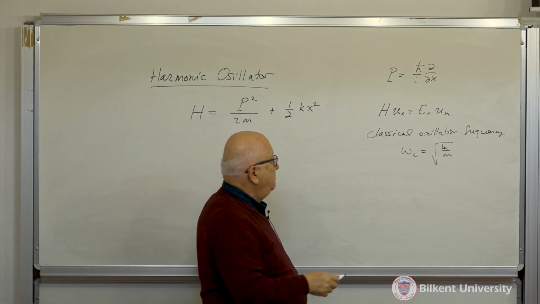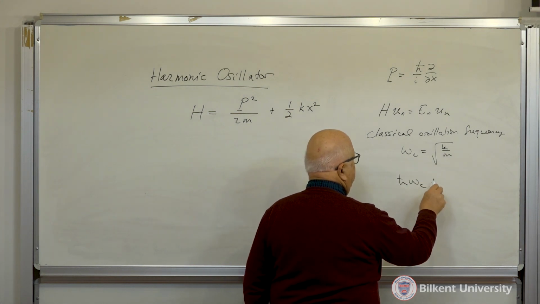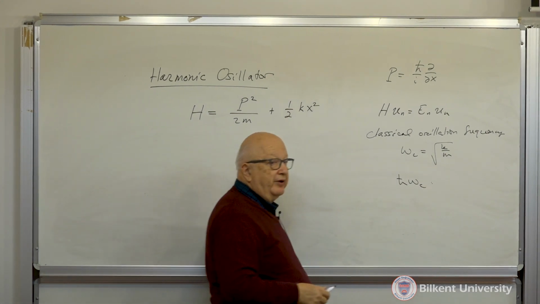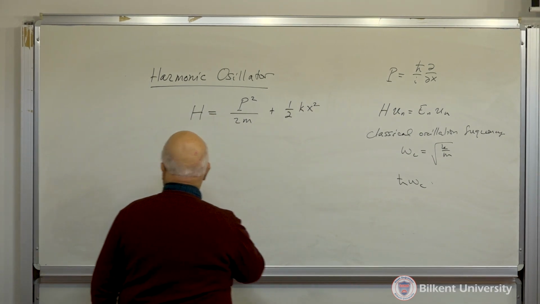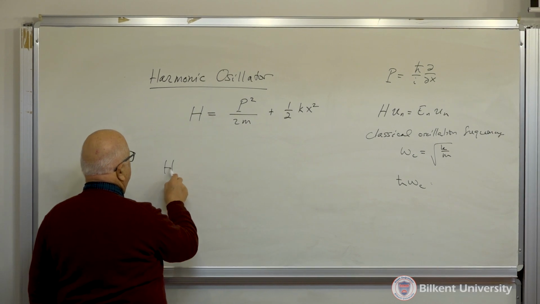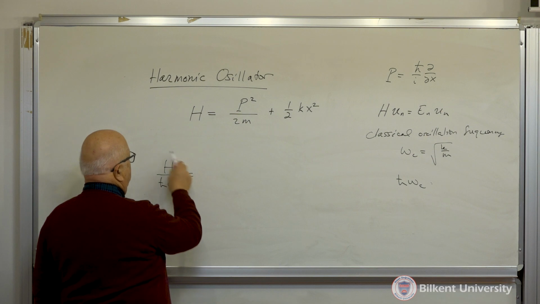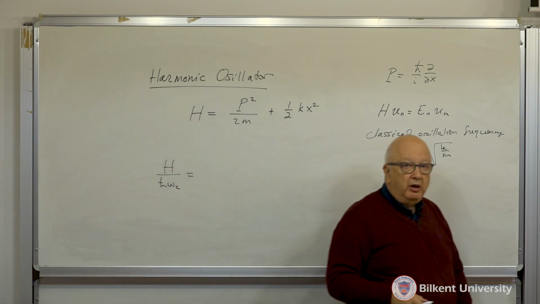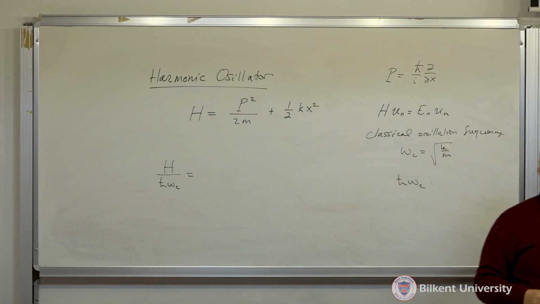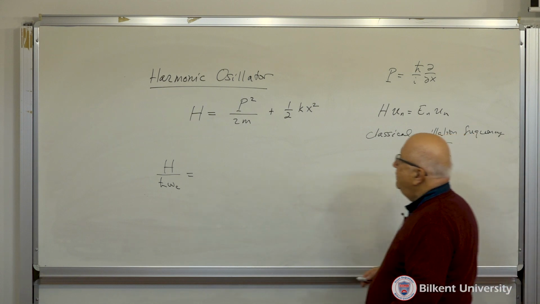That means h bar omega c has units of energy. So if I just divide this H by h bar omega c, I'm just dividing by a constant, so I'm going to get a unitless set of terms here.